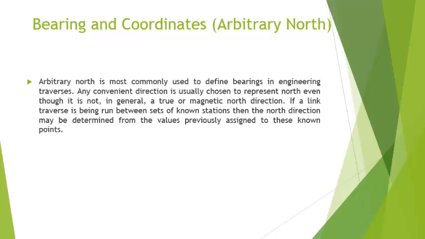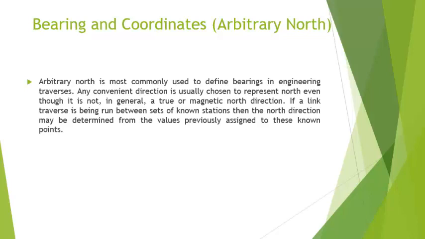These are all the types of north directions, but usually in traverse work, the term used is not directions or north directions. The term that is usually used is actually azimuth.